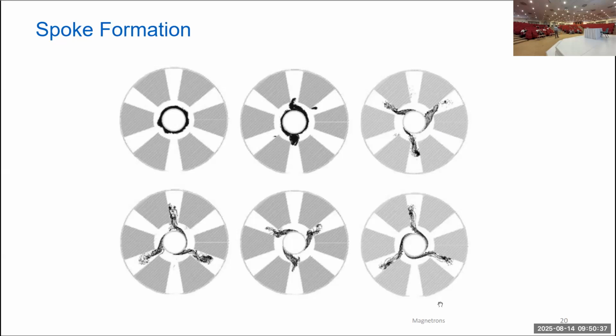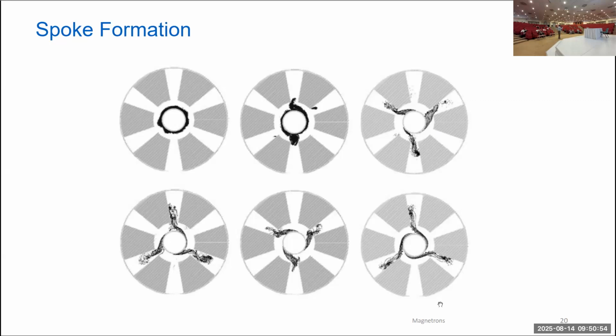And when you are designing, you must know how much current or charge will be in the spoke, how much perturbation will be produced, and what will be the effective frequency of this magnetron.